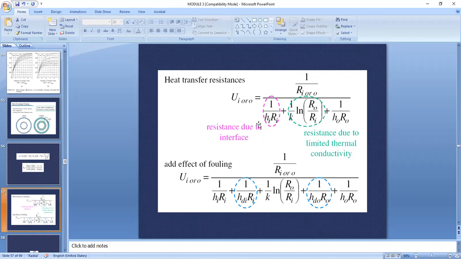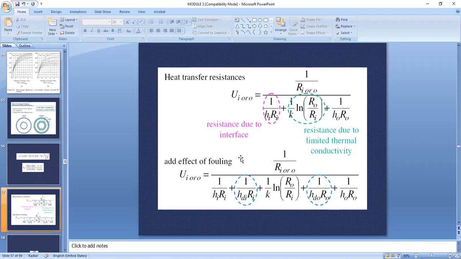In here, you still don't consider the resistance due to fouling. If you add the fouling, you have already the U sub I written in this form. So you have 1 over R sub I, and you have 1 over H sub I, R sub I, and this one accounts for the fouling coefficient, the heat transfer coefficient due to fouling in the inner part of the tube. This should be given.